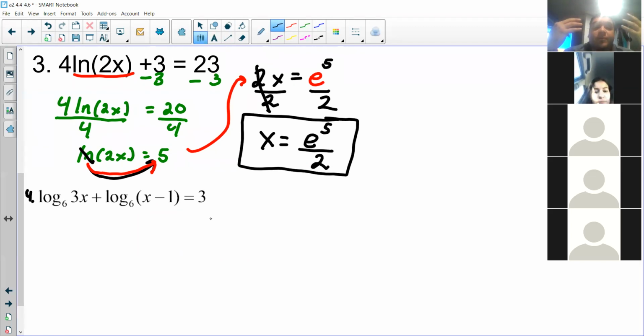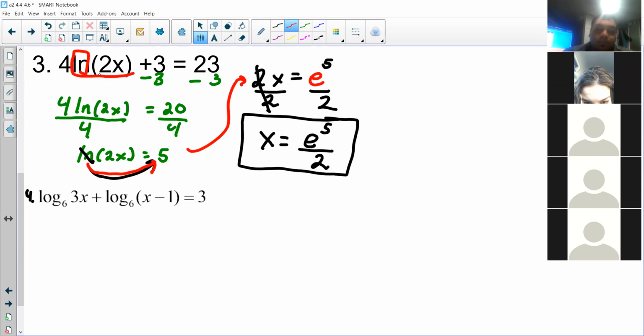All right. Number 4 literally combines every skill. Wait, Mr. Joel? Yeah, what's up, Alyssa? I feel like we're not going to know when to use an e and when to not use an e. It's so random. Some problems have it, some problems don't. It's not random. The reason you use e is because you have the letters ln.